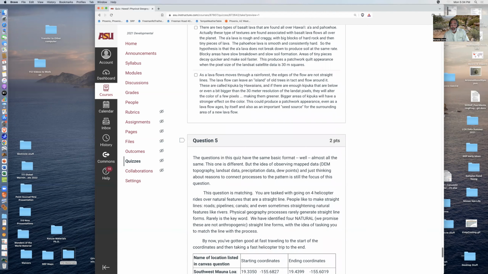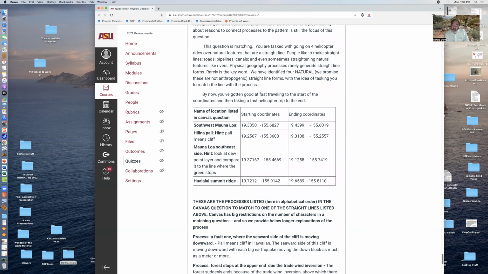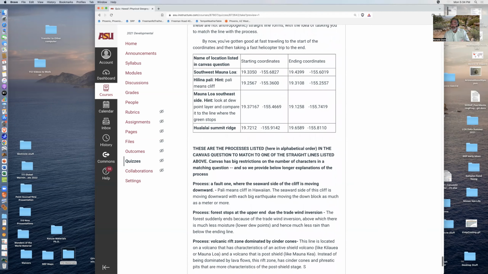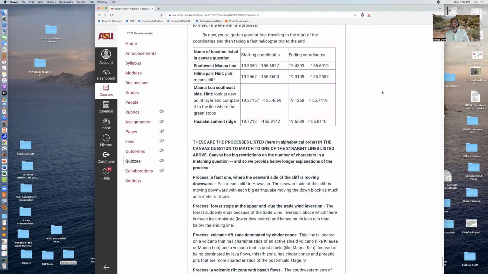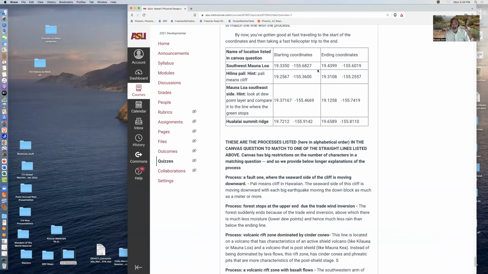And then there's a question about examining lines in the game and matching them to a process. So I'm going to go here to this last one and have you see what I'm talking about. There are 4 lines that you fly over in a helicopter and you match them to a process.